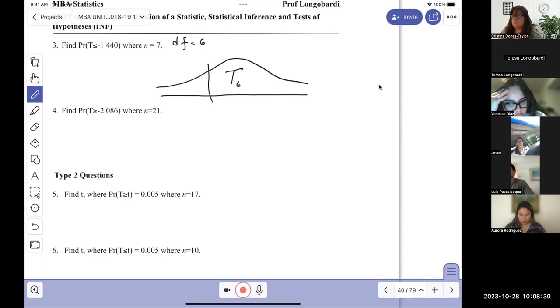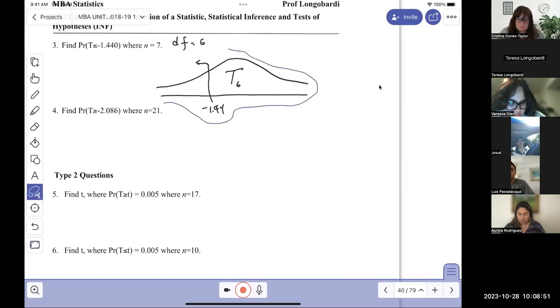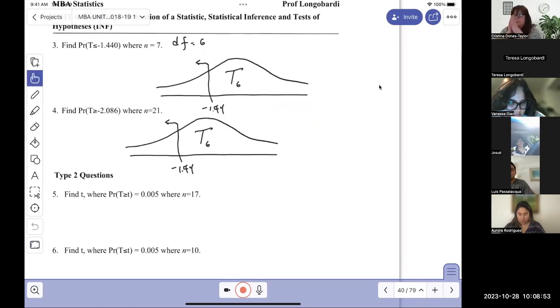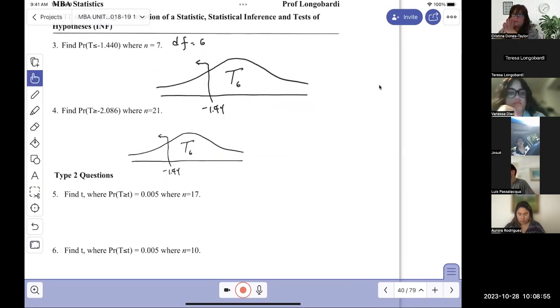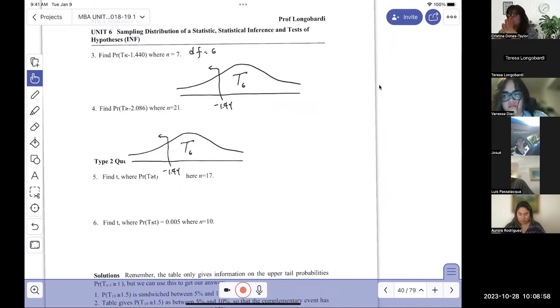I'll just mark it here. I don't know how exact that is, but I'll mark it. And I want to go this way, but the table only gives me the other side.